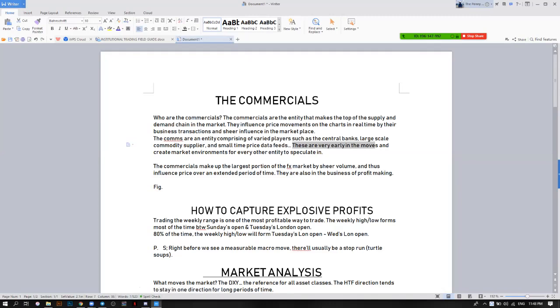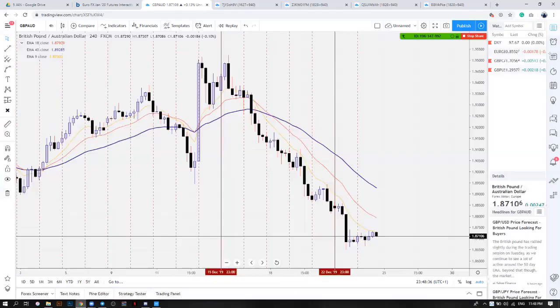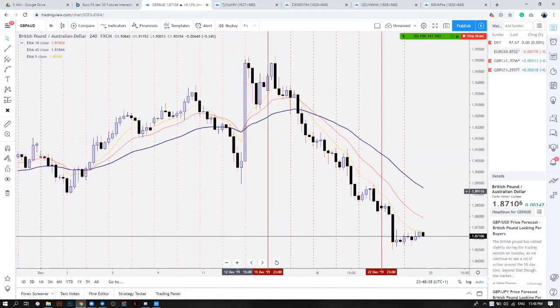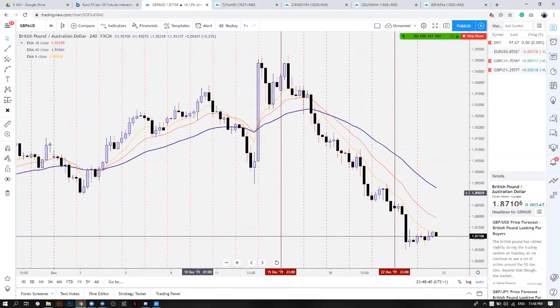So Monday falls between Sunday's open and Tuesday's London open. If you go back 2 weeks, the low of the week came Thursday. So this was actually late, and this was due to news.